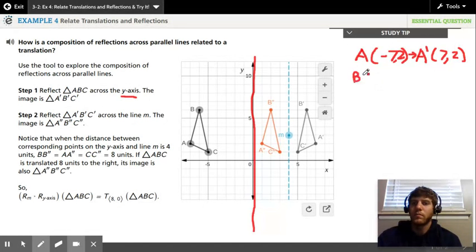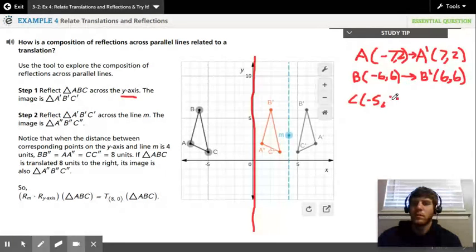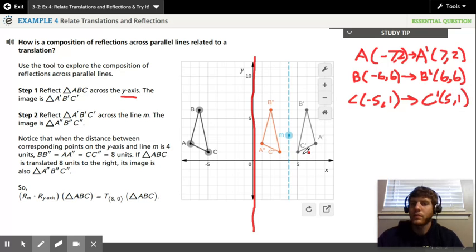B is negative 6, 6, which means B prime is going to be 6, 6. C here is negative 5, 1, which means when we reflect over the y-axis, C prime is going to be 5, 1. Which is what they have here.